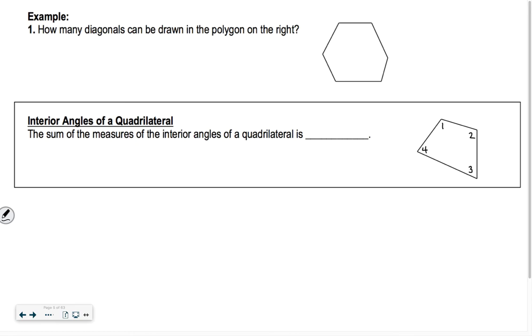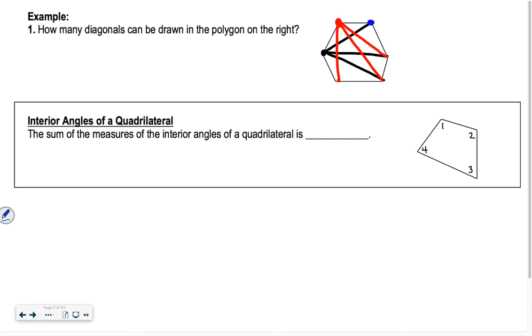So how about this one? How many diagonals can be drawn in the polygon on the right? So I have 1, 2, 3 from that one. 4, 5, whoops, 4, 5, 6.